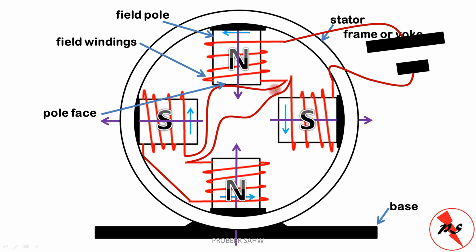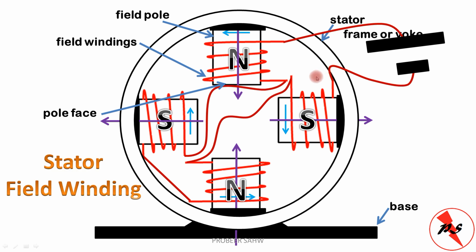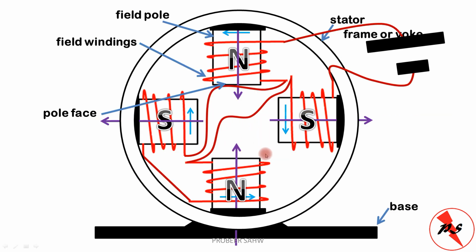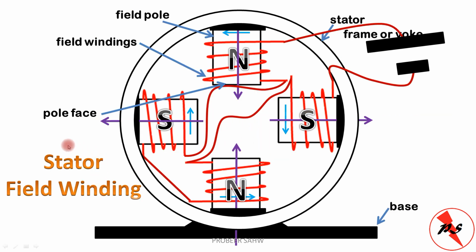The field winding is always powered by a DC source so as to create the necessary magnetic field, but the armature winding has a different role in a generator and in a motor. In a generator, EMF is collected, current is collected from these armature windings, and in a motor, current is passed to these armature windings.